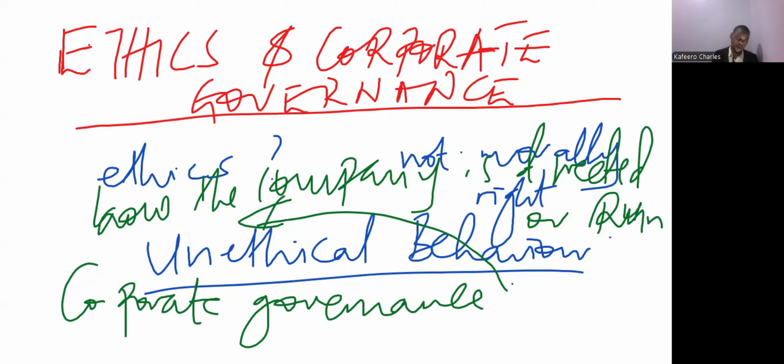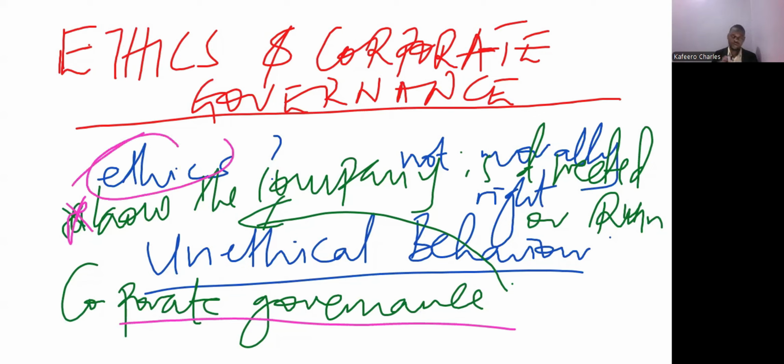In other words, how are the operations within the business? This refers to corporate governance. But ethics, I said, is good. If the company is operating ethically, it's good. What we condemn is the unethical issues that we shall look at.